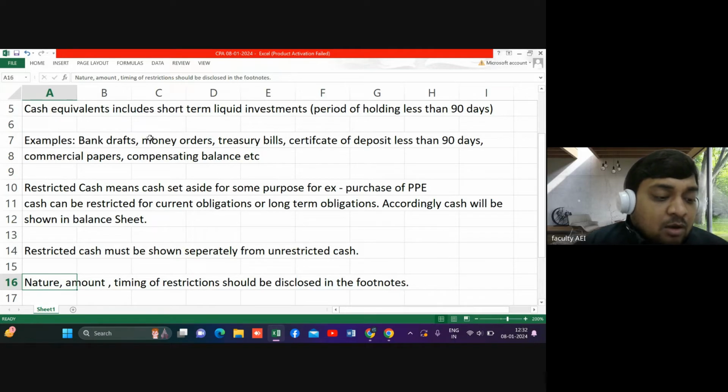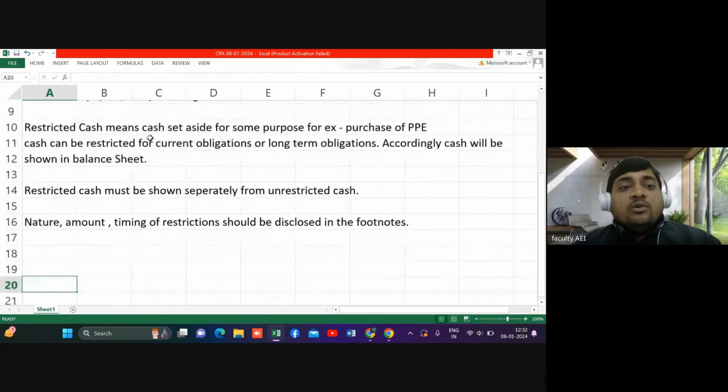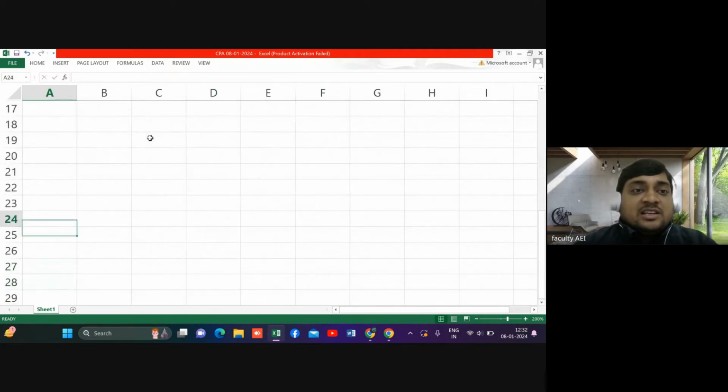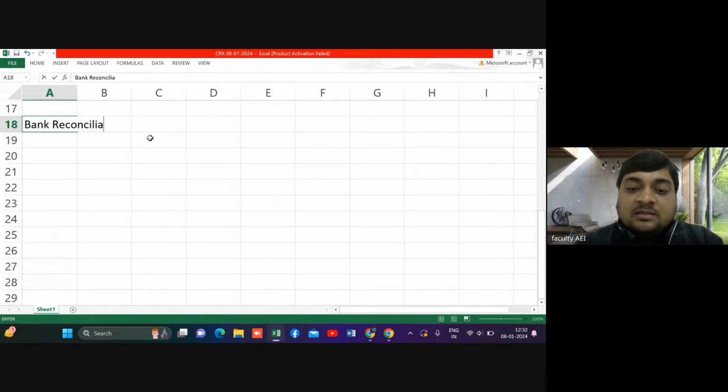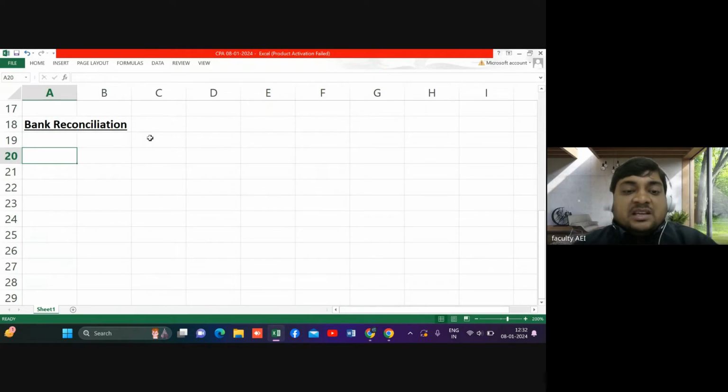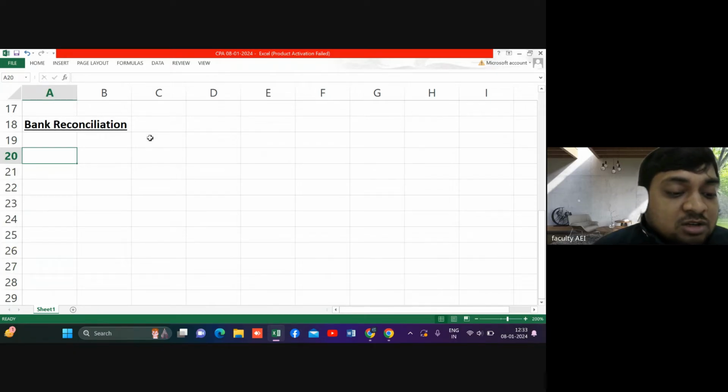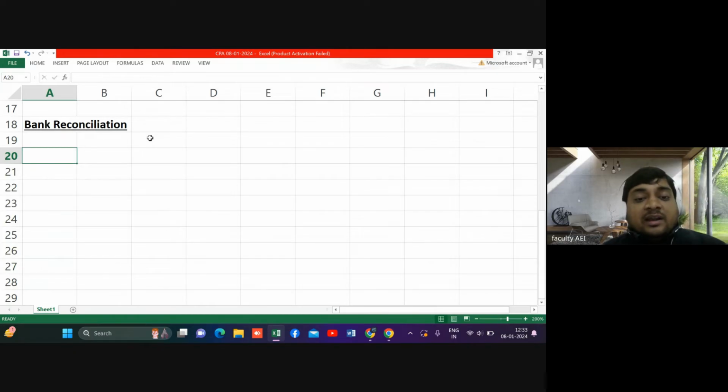Okay. Now, one more thing when we talk about cash and cash equivalent is bank reconciliation, right? So the next topic of discussion will be bank reconciliation. Basically, every week, or every month, depending upon the volume of transactions you're handling, you need to reconcile your cash book balance with the balance with the bank, right?